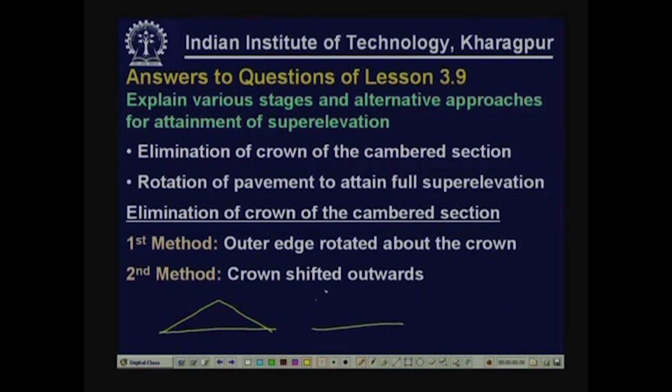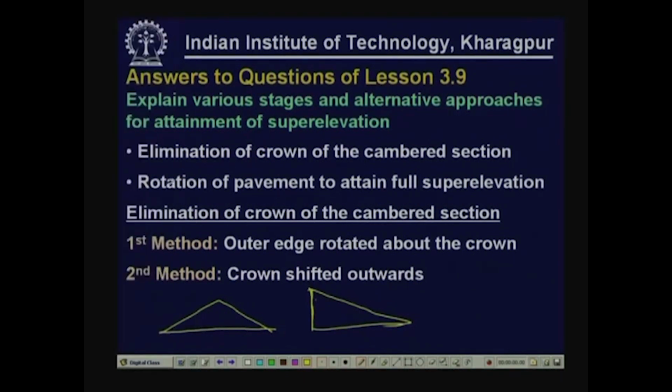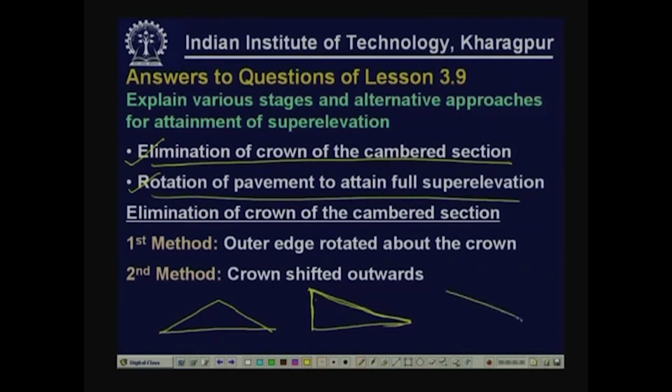So, the first stage is to have a uniform slope equal to camber, that is elimination of the crown. Then the second is further rotation of pavement to attain the full super elevation. So, this line is rotated again further to have the required super elevation.